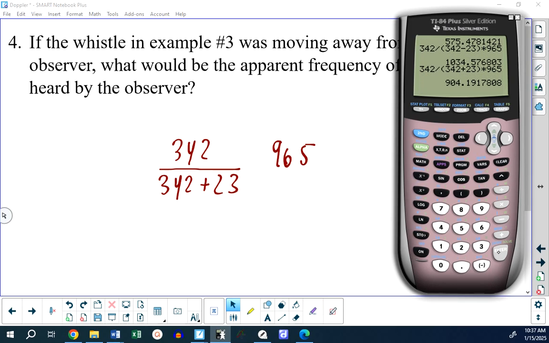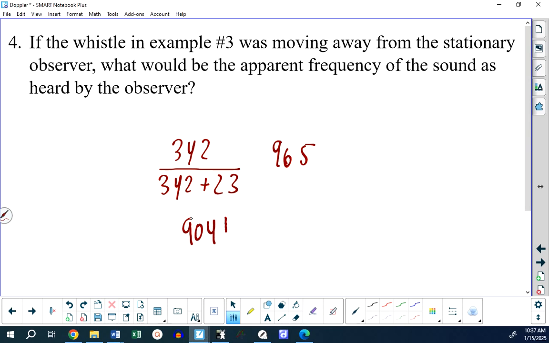About 904. So that's the Doppler effect. Pretty straightforward.